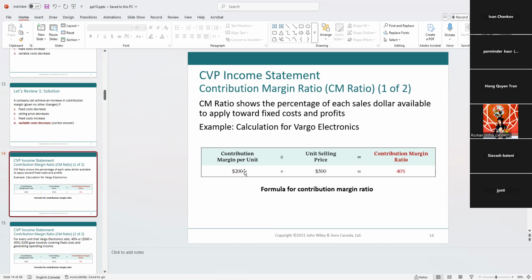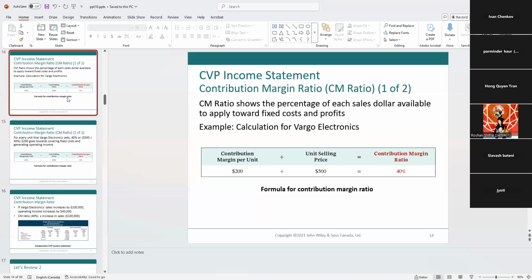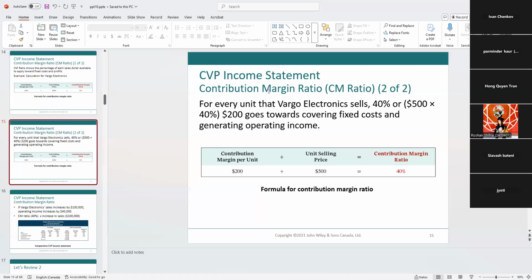If you take the contribution margin divided by sales price, it's going to give the contribution margin ratio, and that's how much we're going to get for every dollar of the sale of that item. So for every dollar that we're selling from this item, we're going to get 40 cents. So for every unit of sales, we're going to get 40% of the selling price.